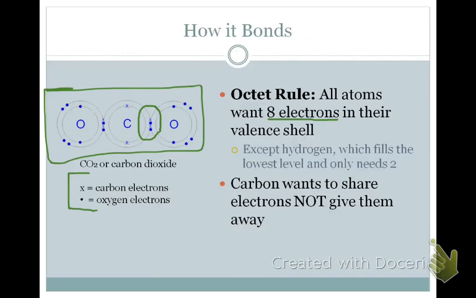So we get 2 X's and 2 little dots. What this would look like if I was going to draw a structural formula is I would draw, over here, 2 lines to represent the double bond or the 2 electrons that are being shared. So this would be the Bohr model of CO2, and this up here is our structural formula for CO2.